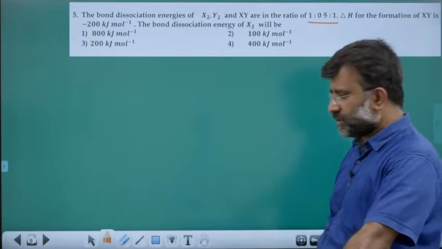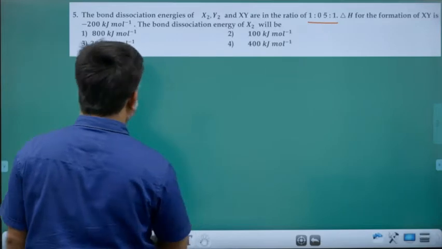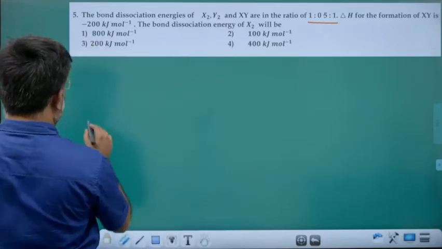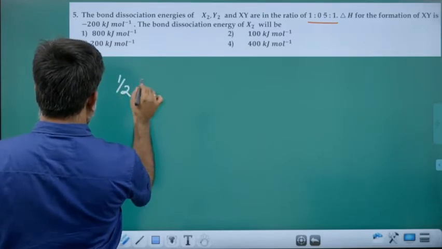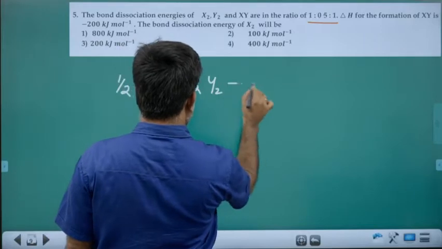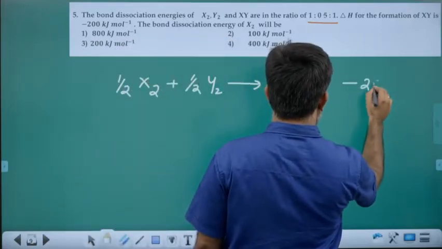Bond dissociation energy of X2 will be? How to calculate? Delta H formation of XY is given. So it is half X2 plus half Y2 giving XY. This value is given as minus 200.